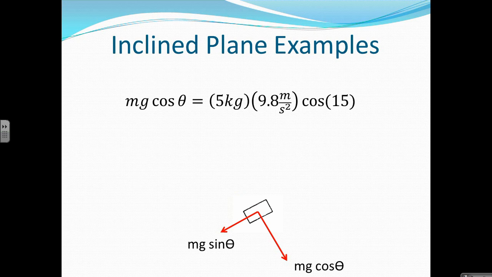So that's 5 kilograms times 9.8 meters per second squared times cosine 15. This is the perpendicular component of the force of gravity, and that comes to 47.3 newtons. Note that our perpendicular component is greater than our parallel component, and this makes sense for a shallow hill.